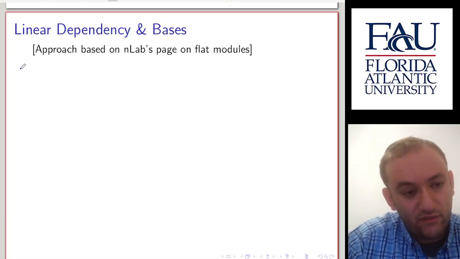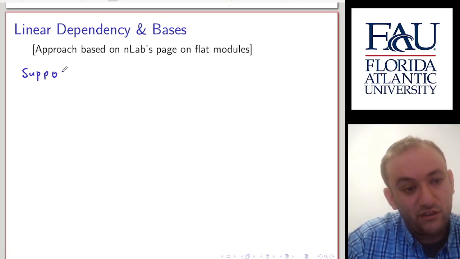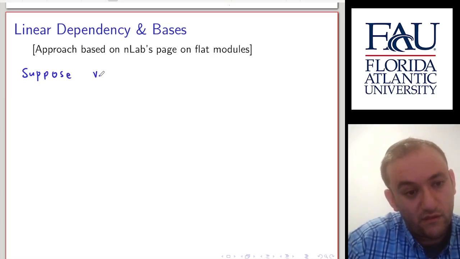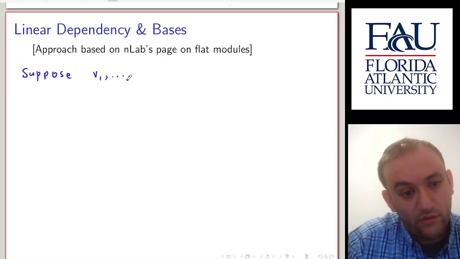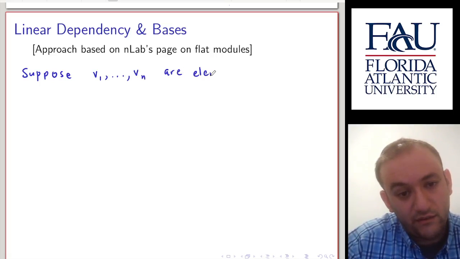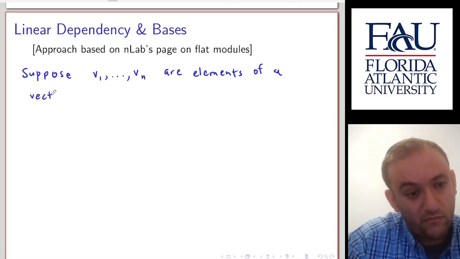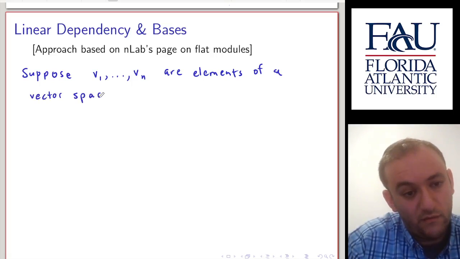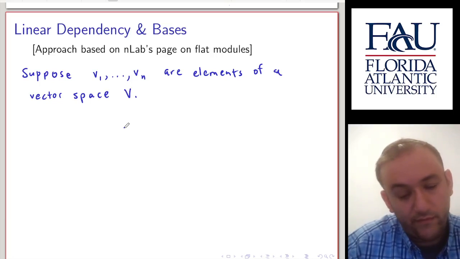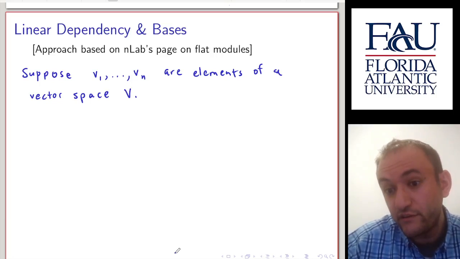So let's say I give you some collection of vectors, v1 through vn, and I tell you these are elements of a vector space V. And furthermore, they're linearly dependent.